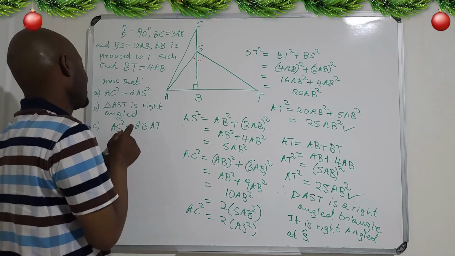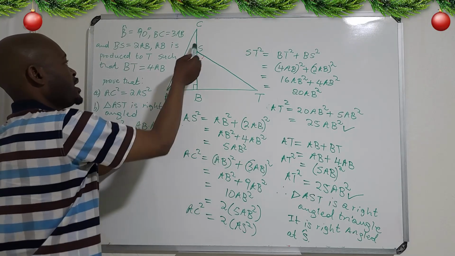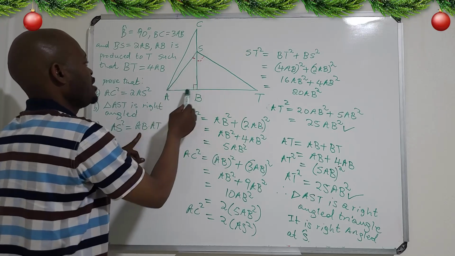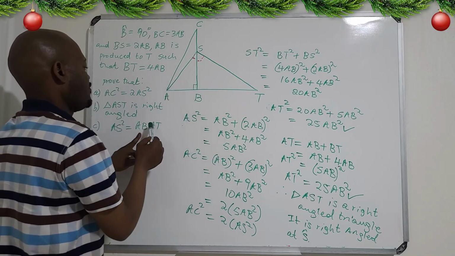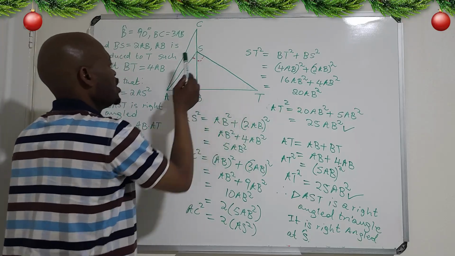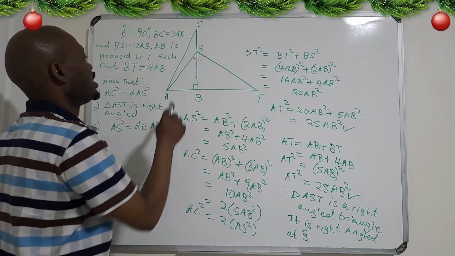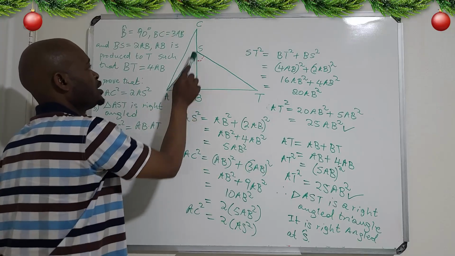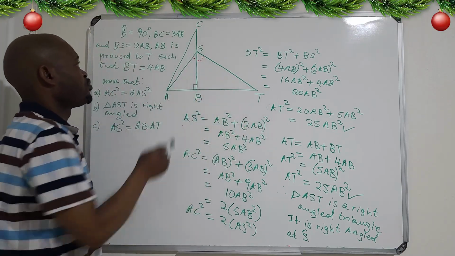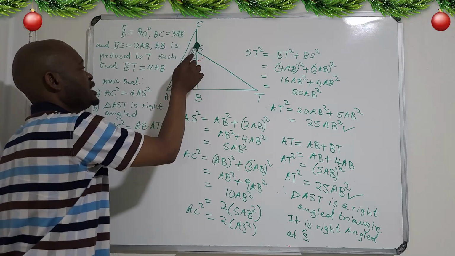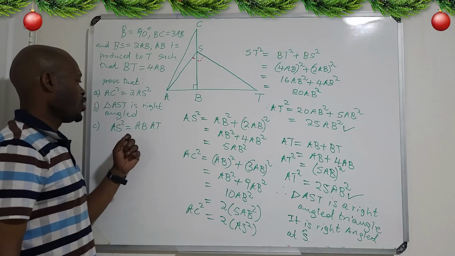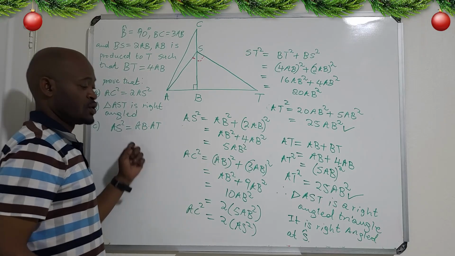I don't mind about squared, but I have AS. I also have AB, and I can see AB is in this triangle. I have AT, and I can see that AT is in this triangle. So I must prove that this triangle is similar to this triangle. Once I have proved that, then I can set up my ratio and get that. Let's do that.